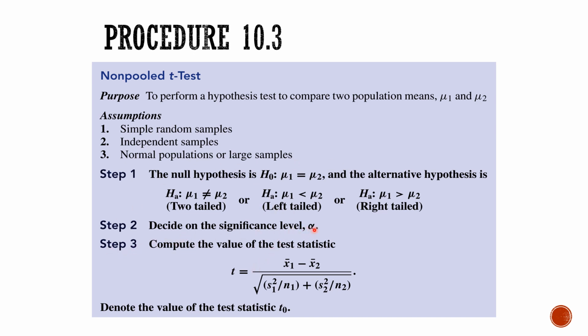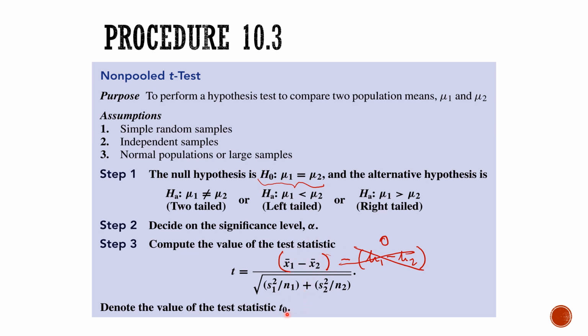Step 2, decide on the significance level alpha, which will be given to us in the question. Step 3 is to find the test statistic, or what is called the evidence in a hypothesis test. As you can see in the numerator, they have gotten rid of the mu sub 1 minus mu sub 2 because the null hypothesis says they are equal, and if both mu sub 1 and mu sub 2 are equal, that means this will have a value of 0 and it will not have any effect on x bar sub 1 minus x bar sub 2.